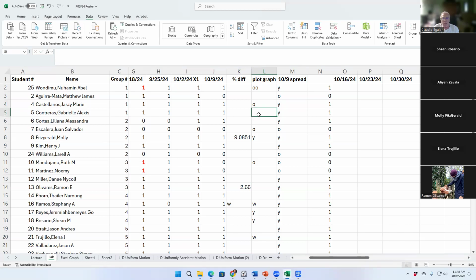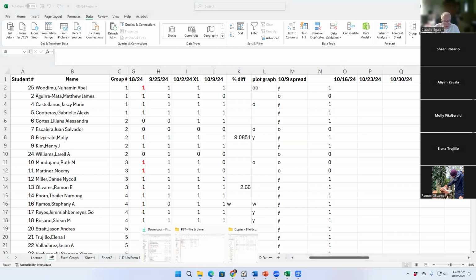Gabrielle, did you plot your graph, Gabrielle? Gabrielle Contreras. Your graph is not coming out correctly. Let's see what's going on there.